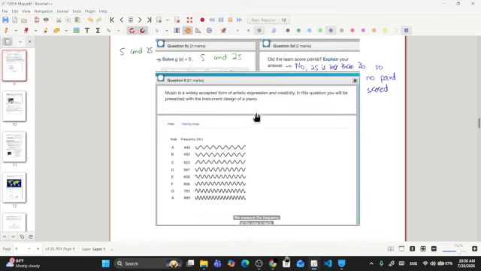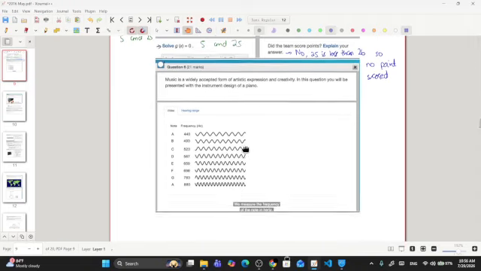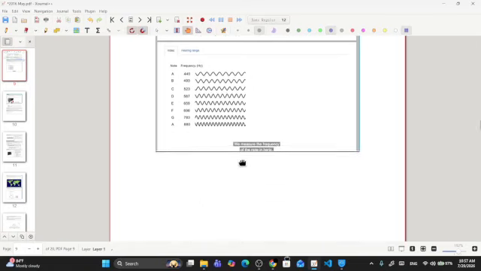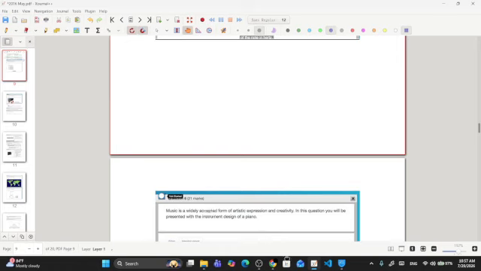Music is a widely accepted form of artistic expression and creativity. In this question, you will be presented with the instrument design of a piano. So there are some notes, and each has a specific frequency. If you studied physics, especially the topic of waves, you should know that the frequency is basically the number of oscillations at a specific given time, right? So this is not important as far as the question is concerned.